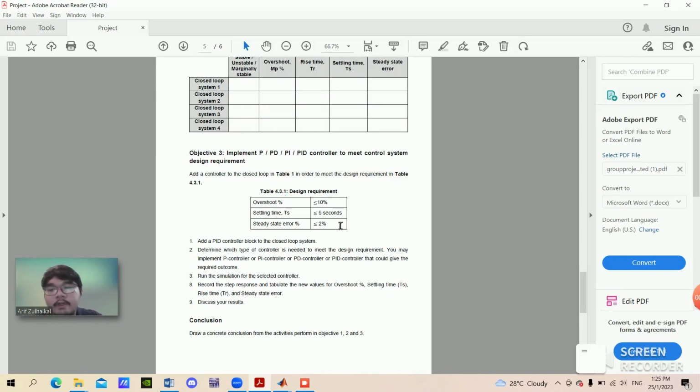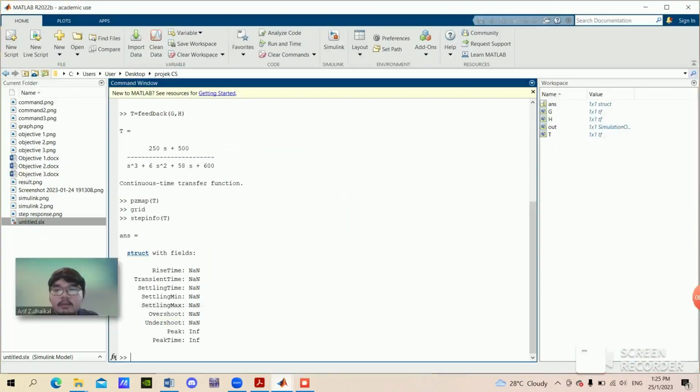For block diagram number 4, I choose a PID controller because it can meet the design requirement. First of all, we declare G, H, and also the PID controller.